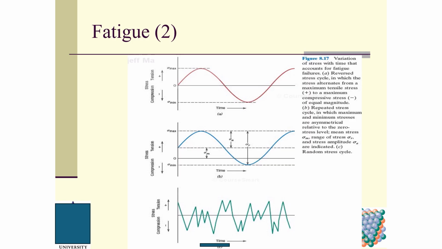And C is a random stress cycle. If you are taking a computer-aided engineering class, I'm going to teach you how to predict the fatigue life of the specimen, if the loading condition is given and the material is given.